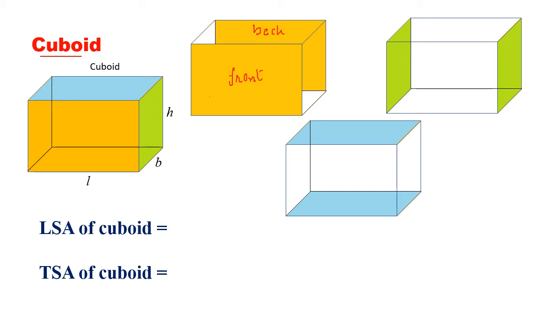Now how will you find the area of this rectangle? So you can see this is the length L and this is the height H. So this rectangle has got the length and the height. So the area of this orange rectangle, the front side, will be L into H, or LH.